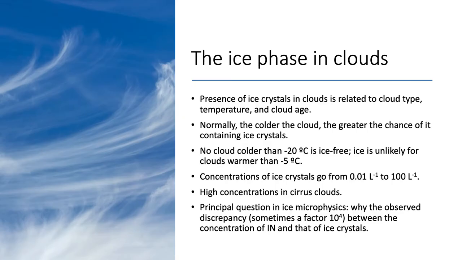Okay. So let's start to talk about the ice phase within clouds, and not just in the abstract sense. The picture that I'm showing here is of cirrus clouds, which we spell like this, in case you've never seen this. These are high clouds that can be observed quite often. If you live in the mid-latitudes, these happen quite often during winter, for example.